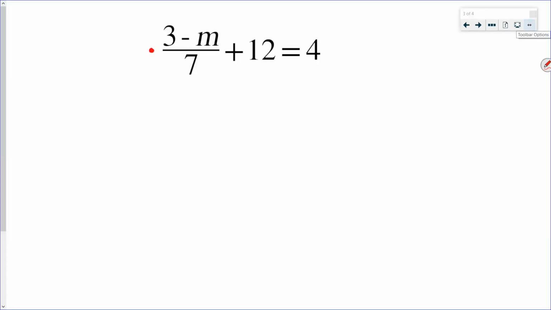We're going to multiply by 7 on both sides. Gets rid of the 7, leaving us with 3 minus m plus 12 equals, what's 4 times 7? 28. It is 28.